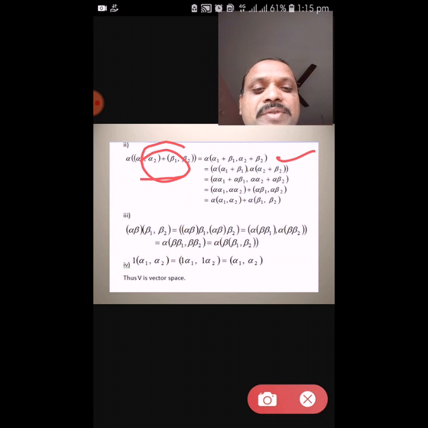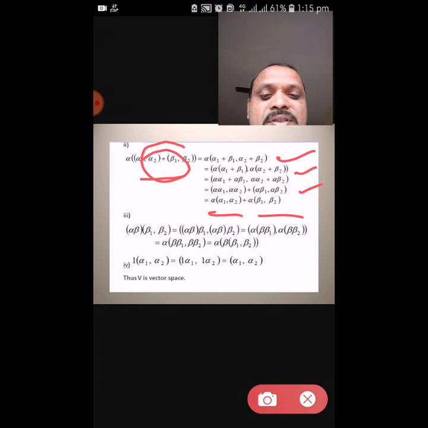Now by definition of scalar multiplication, we can multiply these two by alpha and we get this one. Now separating the alpha and betas, we get alpha times alpha 1 comma alpha 2, plus alpha times beta 1 comma beta 2. So the second property of vector space is satisfied.